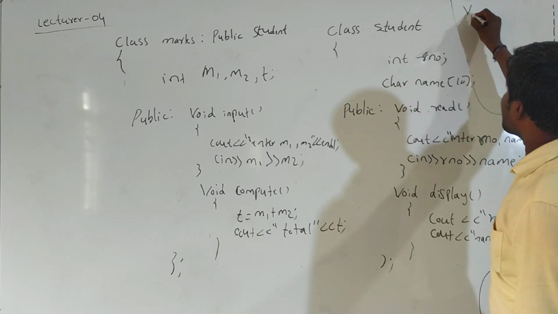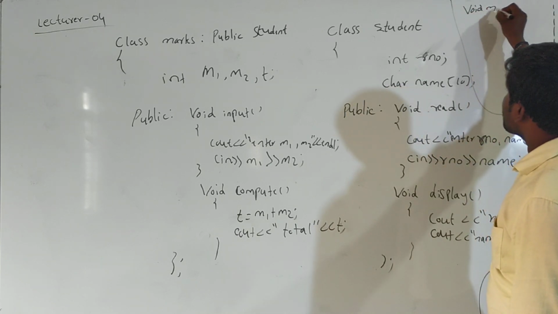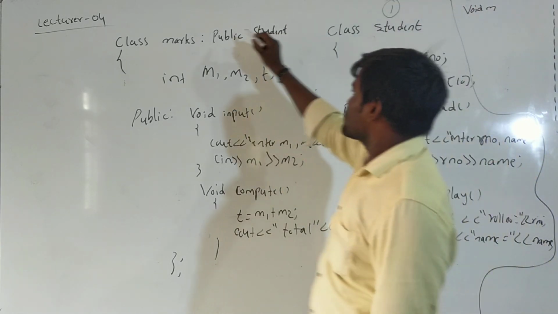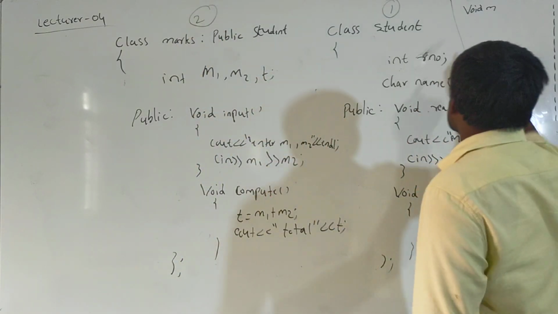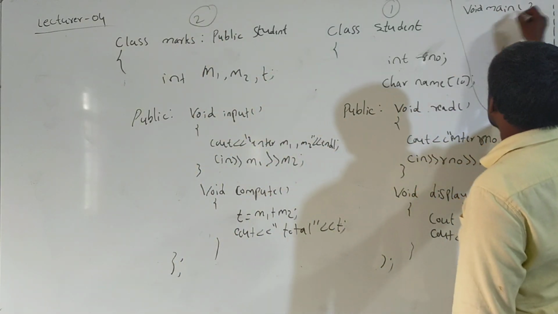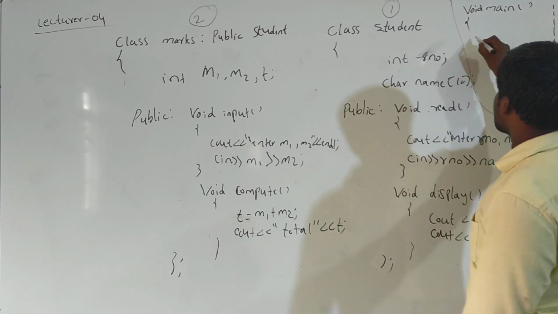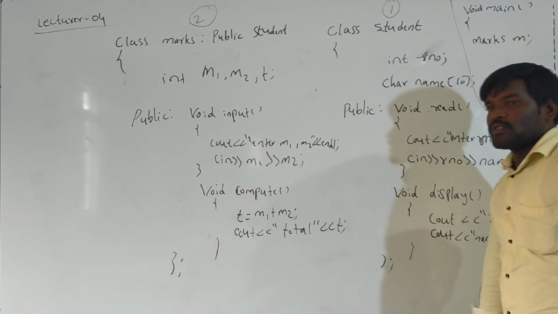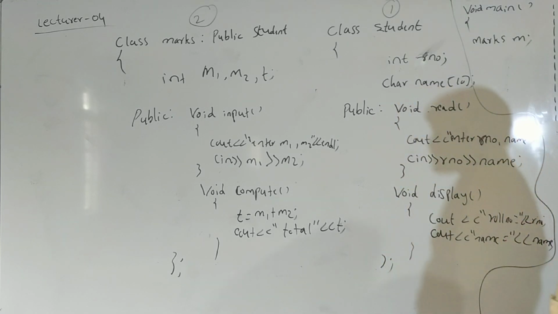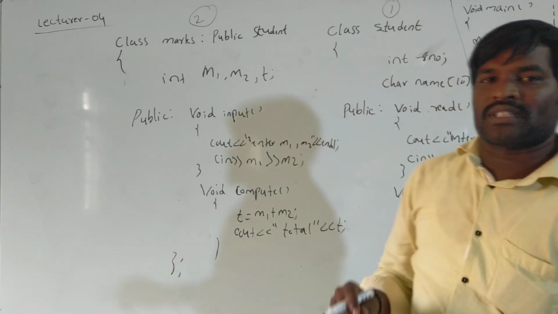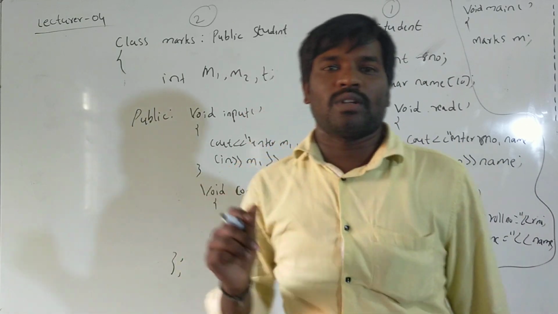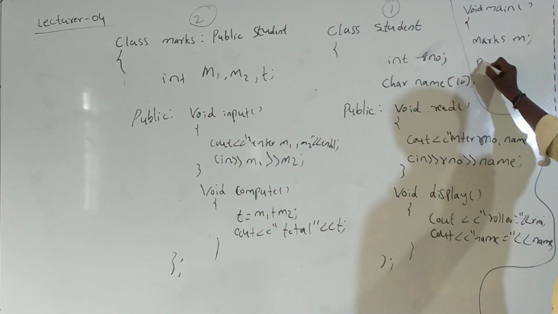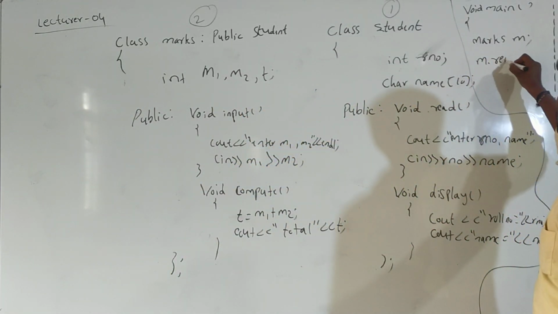Here I can write void main. So this is the first one and this is the second one. In void main I can create marks m. Before entering the marks, first we input the student name and roll number. See here, m dot read.